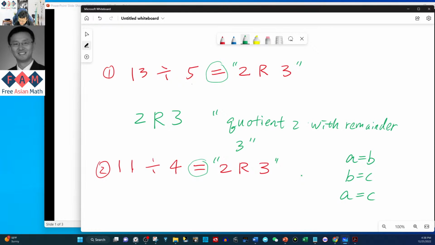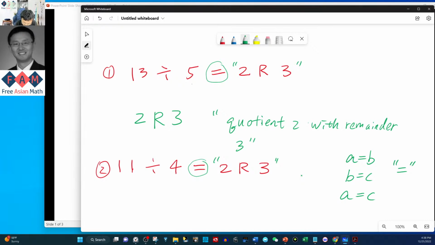That really is a very important property for what we understand as equality. This is very obvious and intuitive. If A equals B, B equals C, then A must also equal C. Then we have a big problem here.